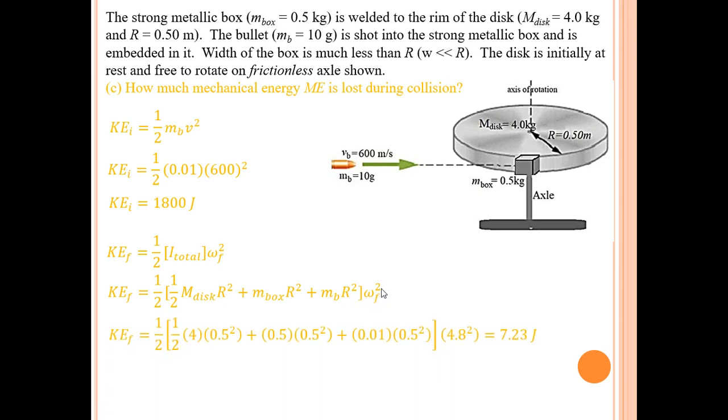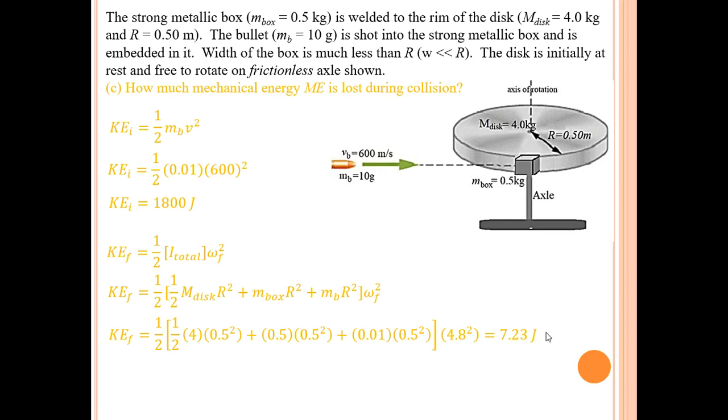And then once you plug in all the values, mass of the disk is 4, the radius of this is 0.5 squared, mass of the box again from the diagram is 0.5, the radius of this is 0.5 as well, or the distance where the box is, 0.5 meters away from the axis of rotation. The mass of the bullet here is 0.01, and it is also a distance of 0.5 away from the axis of rotation. And then 4.8 comes from our previous answer for the final angular speed, which is 4.8, and we'll square that. And when we punch it all in the calculator, we should get about 7.23 joules.